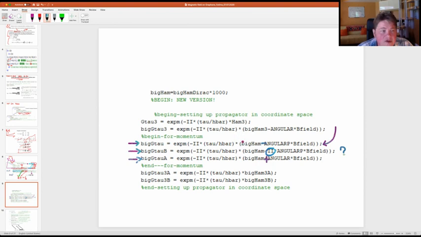And this segment in here should be the full Hamiltonian for the system in magnetic field.